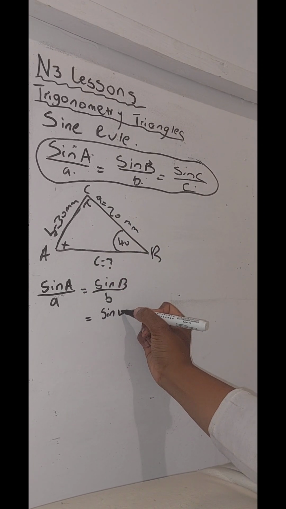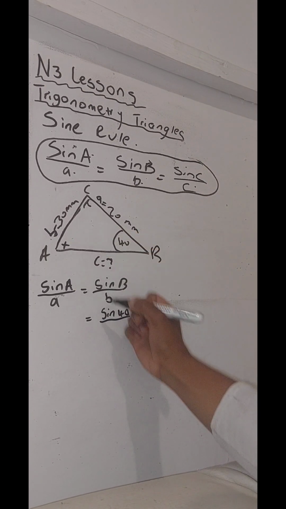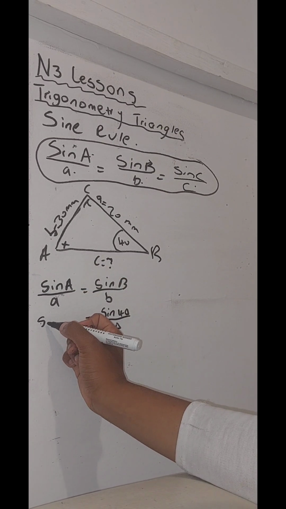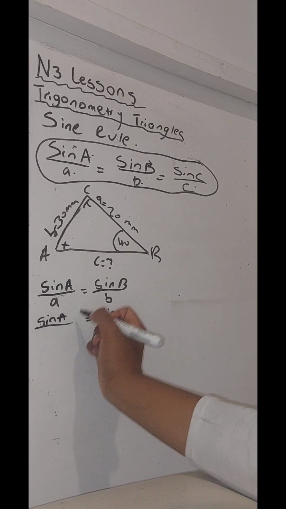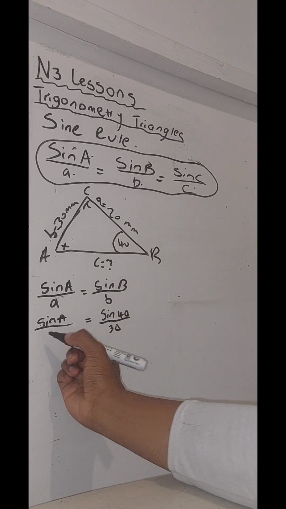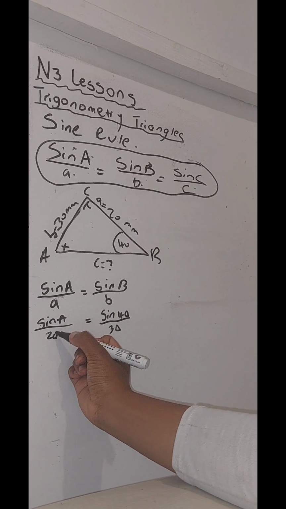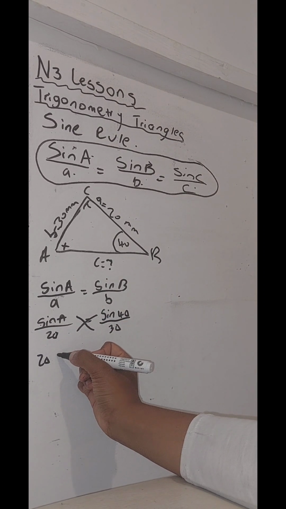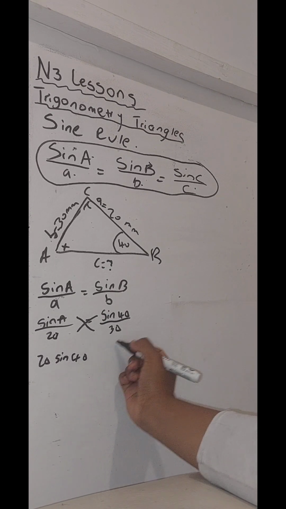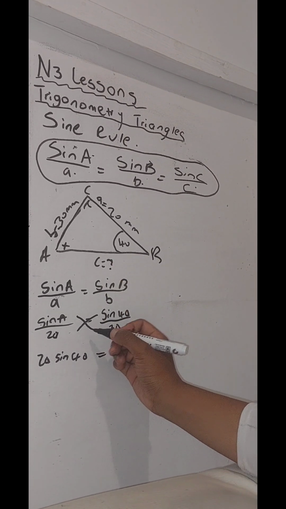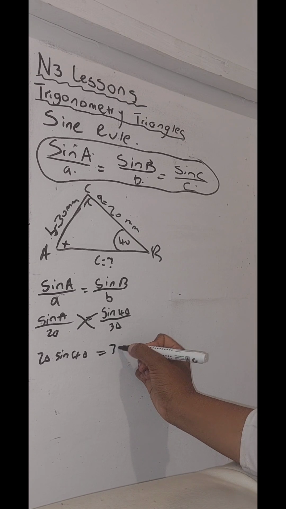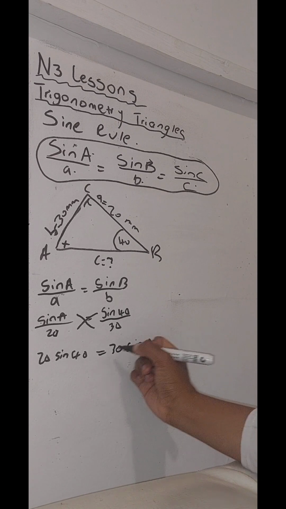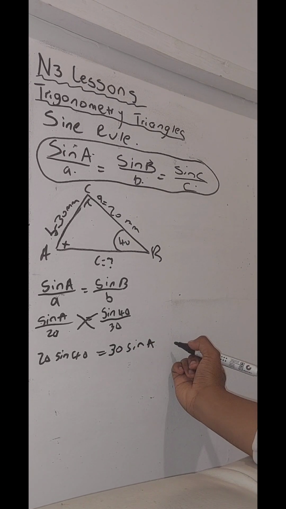I have sine 40 and 30. But for A, I don't have an angle, but I have a length, 20. Remember, cross multiply. So 20 sine 40 is equal to 30 sine A.